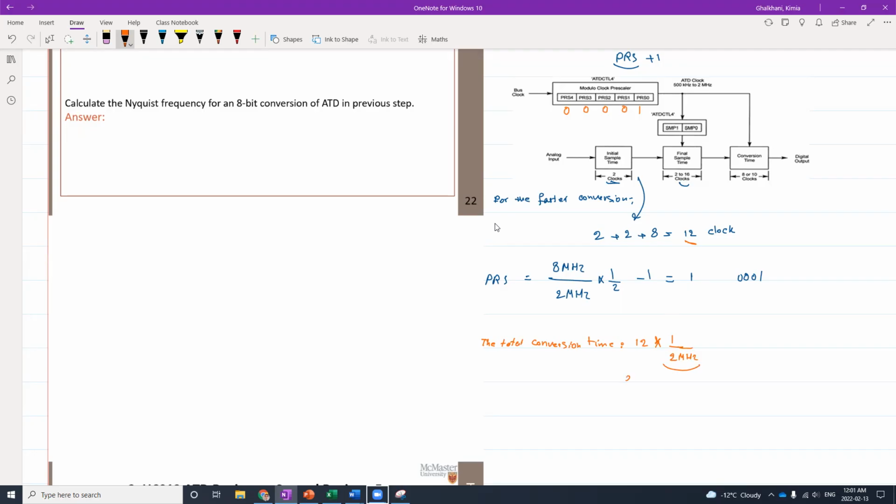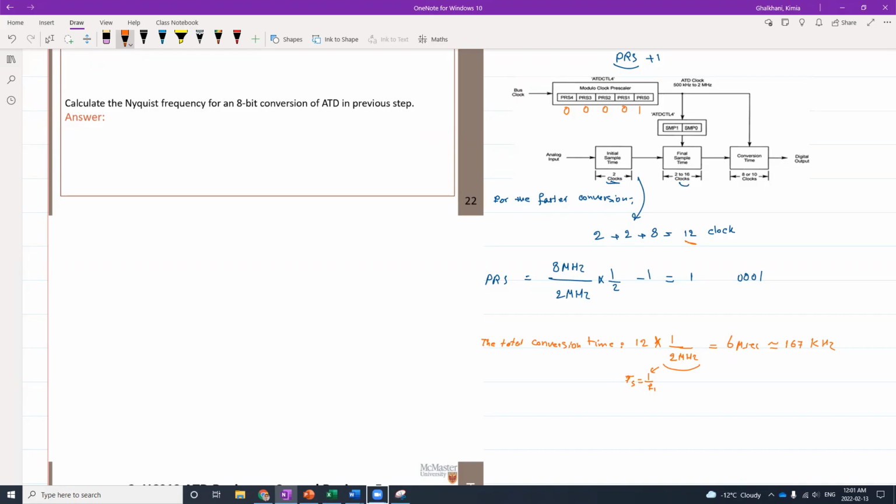Remember I said TS is 1 over FS. This is how I find this term in here. Then if you calculate this one, this is going to give you 6 microseconds, which is something around 167 kilohertz. So the highest frequency is 167 kilohertz to convert an 8-bit value, right?